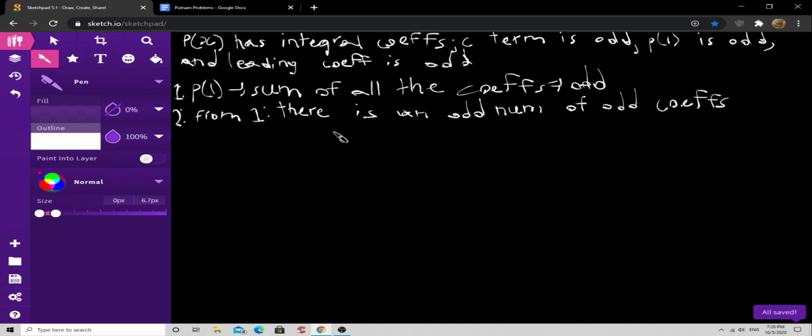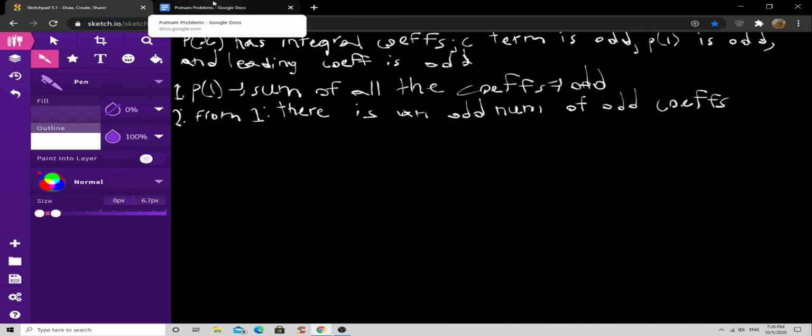And that's because we know that our last term is odd, and if we add an even number of odd terms, we get an even term, because then we can just factor out a 2. So that's not the case here, since p of 1 is odd. So it must be odd. So that means there must be an odd number of odd numbers, right? And that's what we found here.